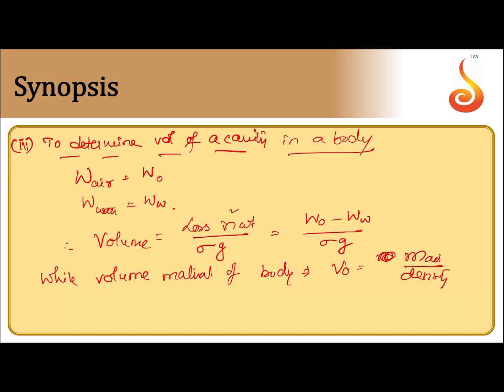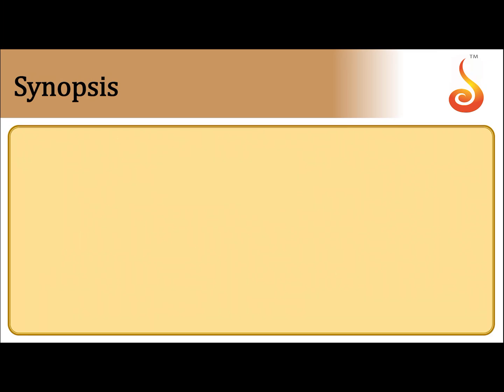So we can calculate this. Therefore, the volume of the cavity is equal to V minus V naught. So we can subtract one from the other and find it like this. So we can find out the volume of the cavity using this concept.